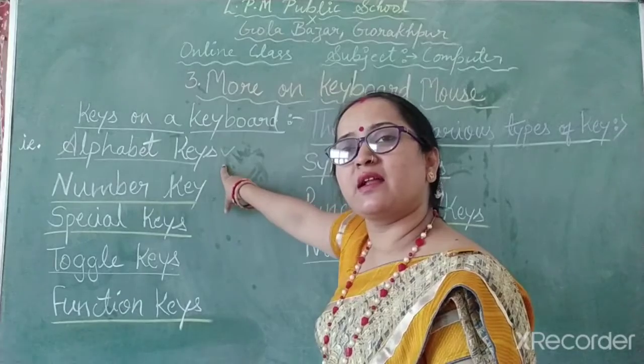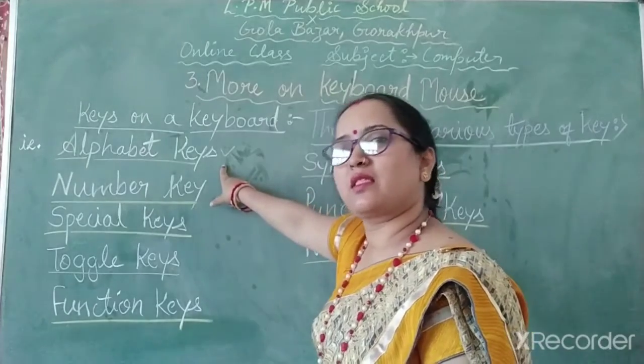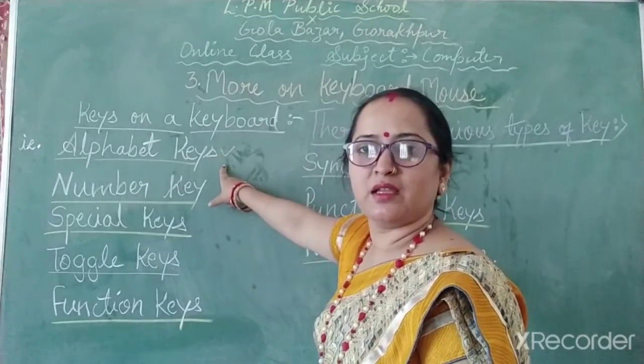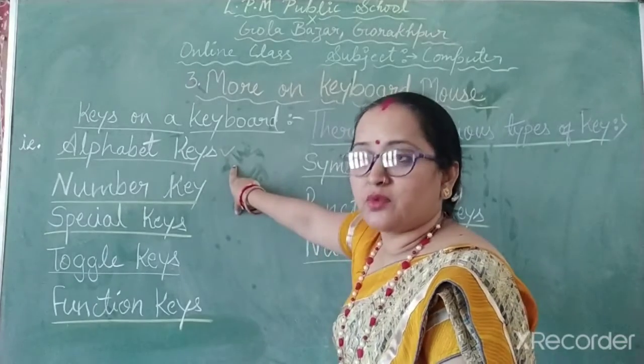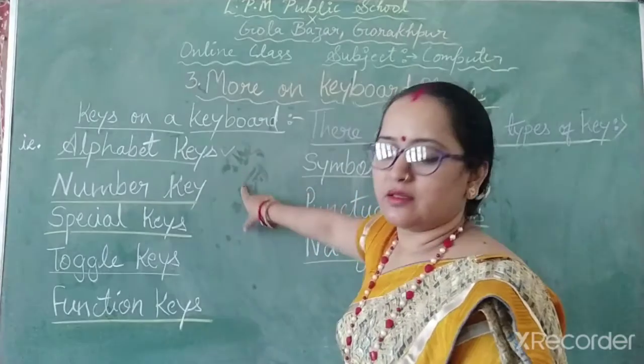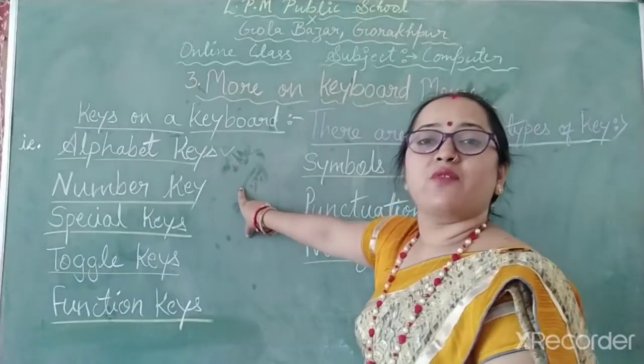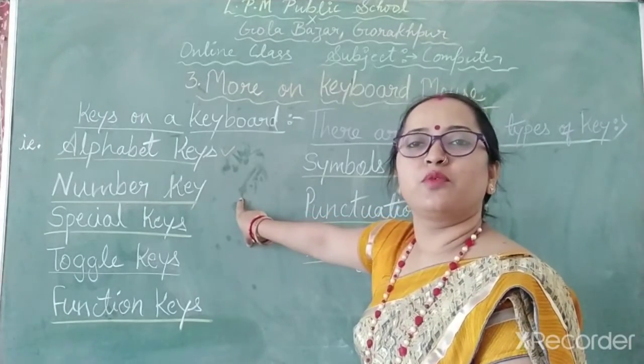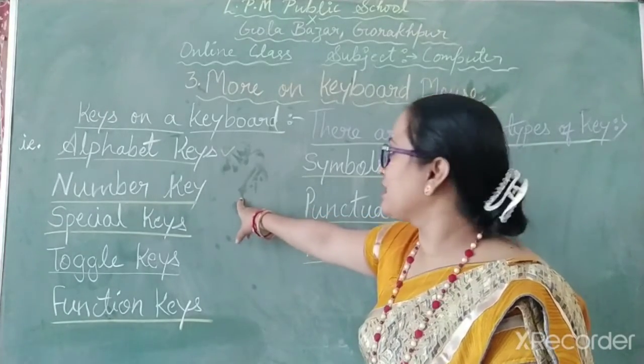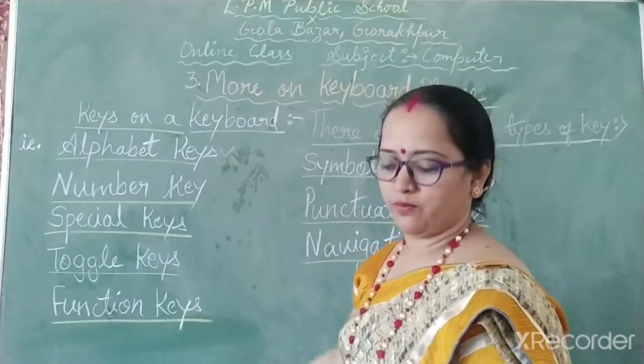How many alphabet letters are there from A to Z? 26. Those 26 letters, A to Z, are the 26 alphabet keys on a keyboard.